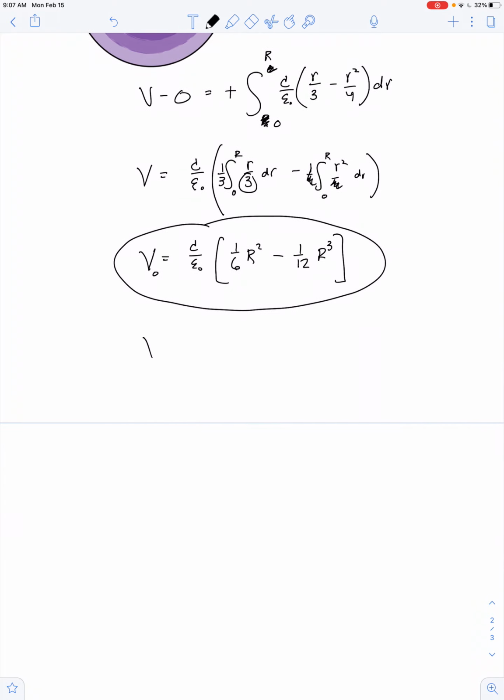We can simplify that a little bit. Say V is equal to c R squared over 12 epsilon naught times the quantity 2 minus R, whichever way looks simpler to you.